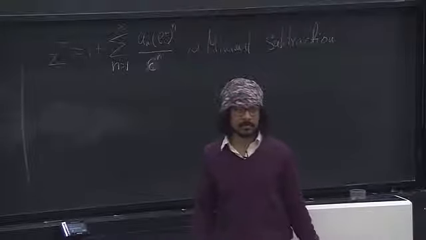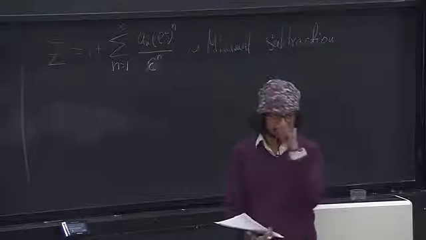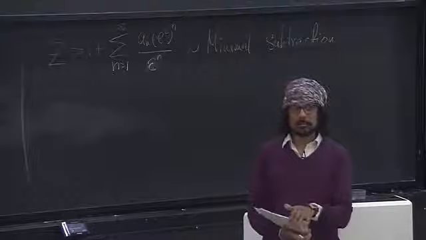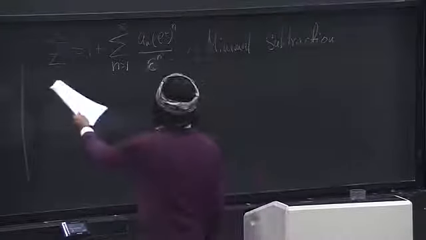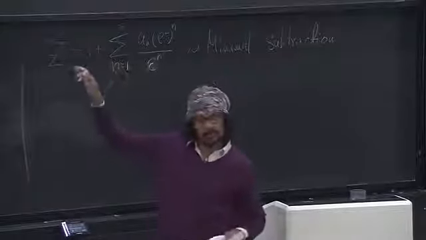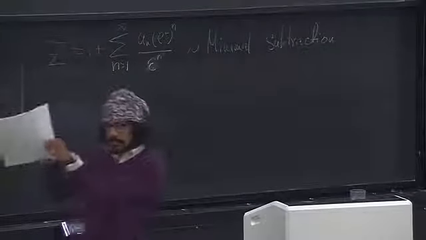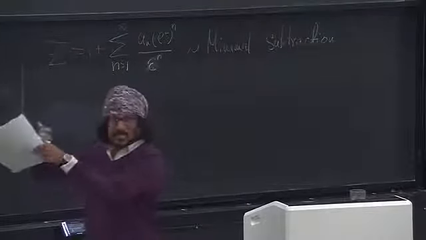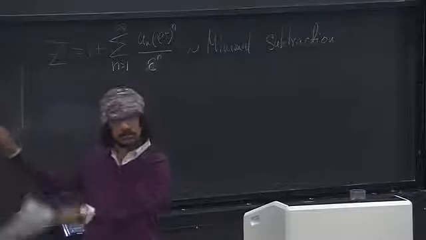But if you look at a lot of the renormalization literature, you will see that the Z defined there has a finite part. The integral that I showed you had a divergent part plus some messy part which was finite.